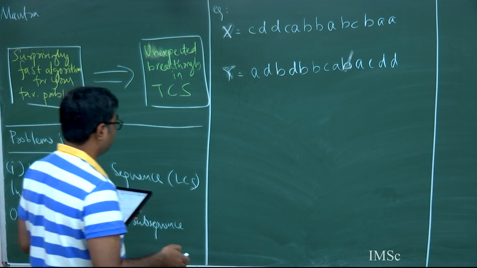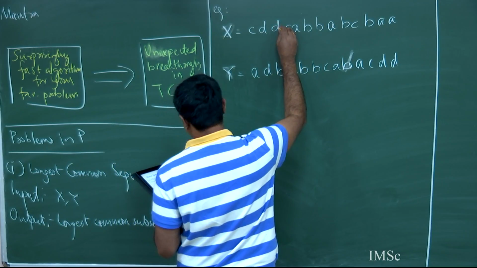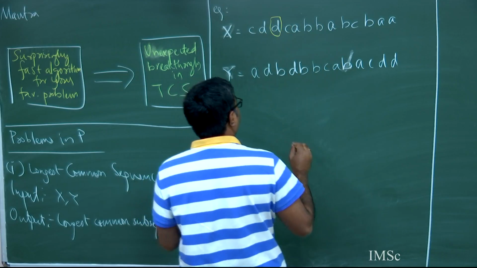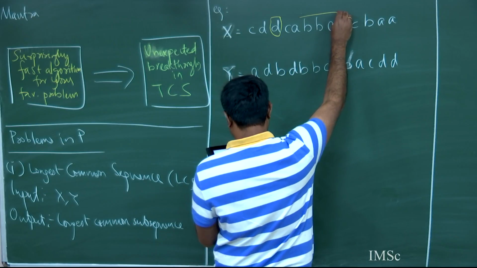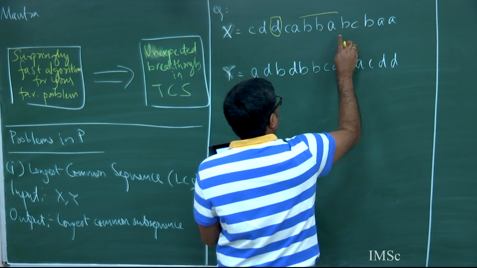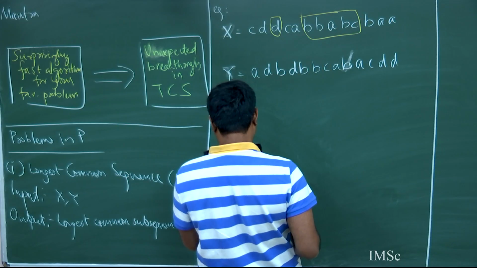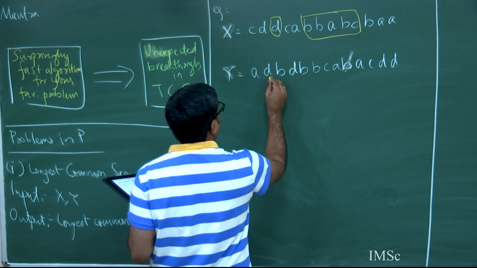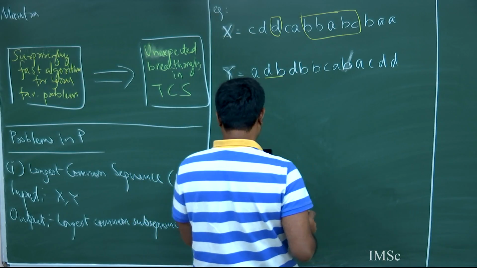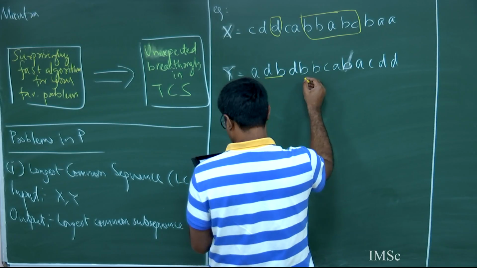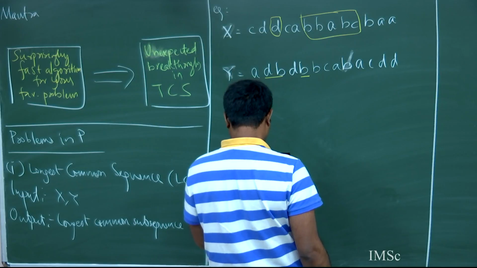So for example, the longest common subsequence could be D, and then we can have B, B, A, B, C, okay? Let's find out where this can be. So here is our D, B here, and then we need B, B, another B. It doesn't matter, I can take any of these, so I just decided to pick this B, right?